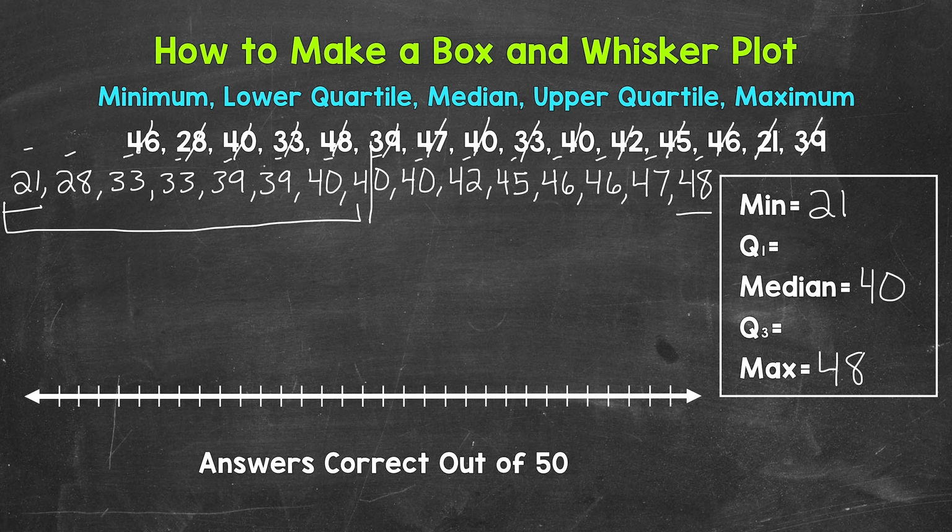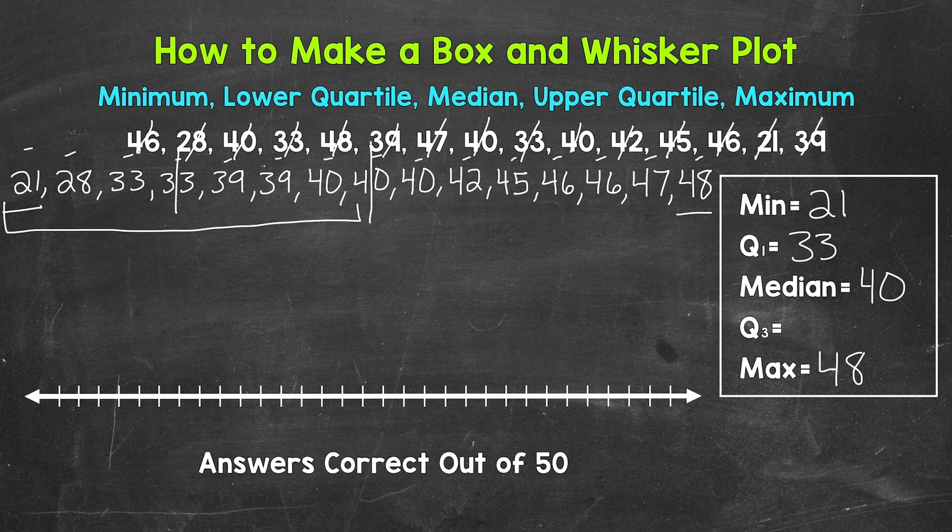Now we have 7 numbers within that lower half. So there are going to be 3 numbers on each side, and then the lower quartile, that first quartile, is going to be the number in the middle, which is going to be 33. So the first quartile, 33.